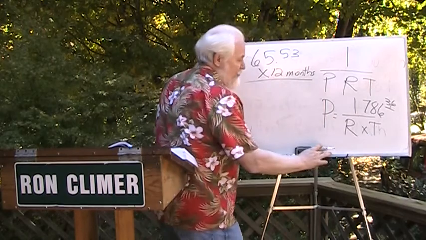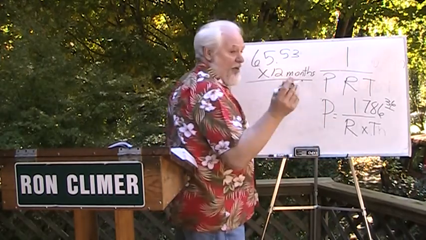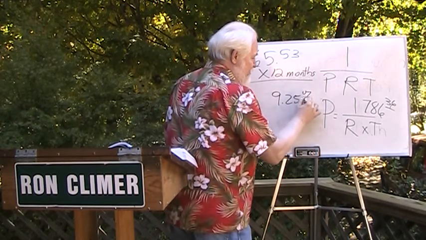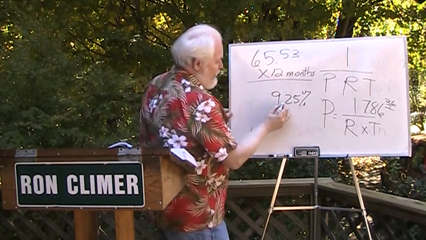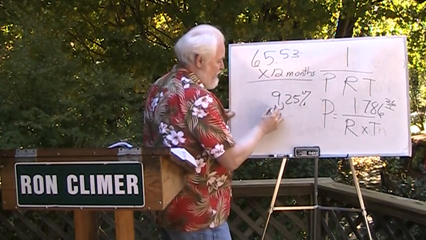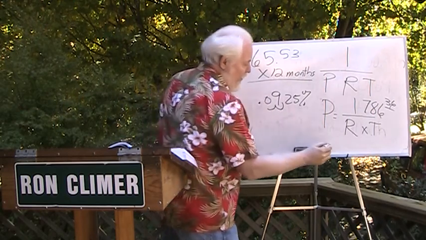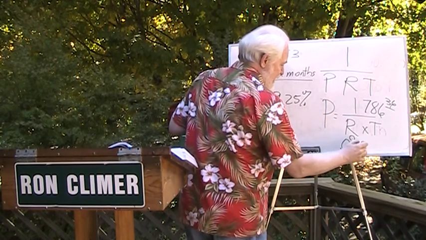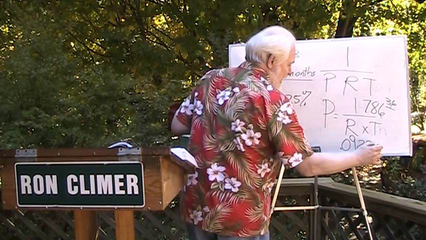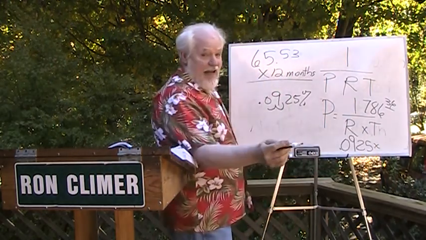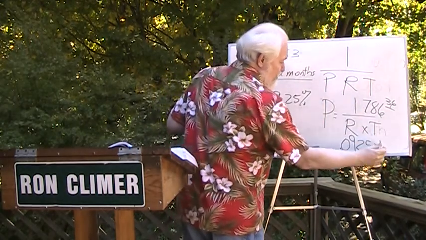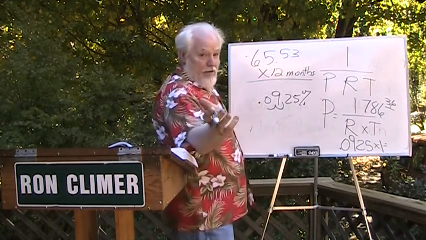Now, our interest rate is 9.25%. To turn that into a decimal, we move the decimal 2 places over, and it looks like 0.0925. Now, the time we've expressed as 1 year, so the time is going to be 1 year.